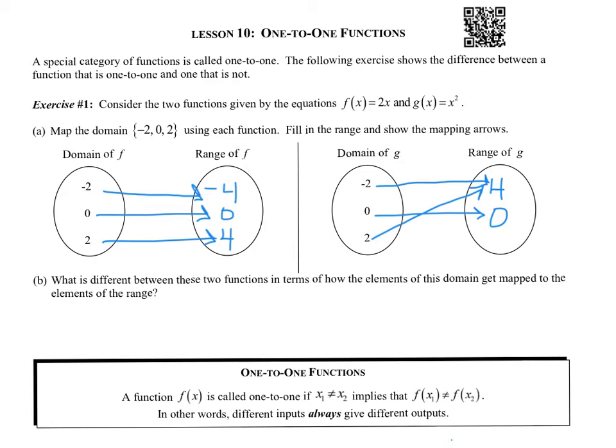So what we're noticing in the first function, the f function, is that there is one output for each input. And in the g function, there are two inputs that have the same output. It's still a function, but it is not a one-to-one function.